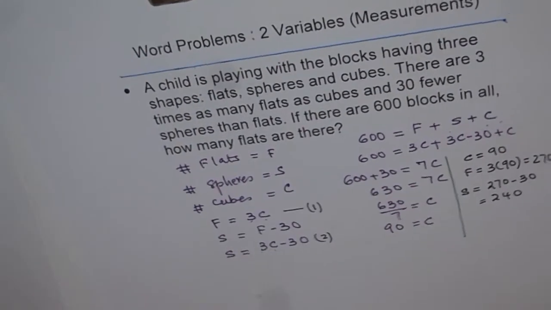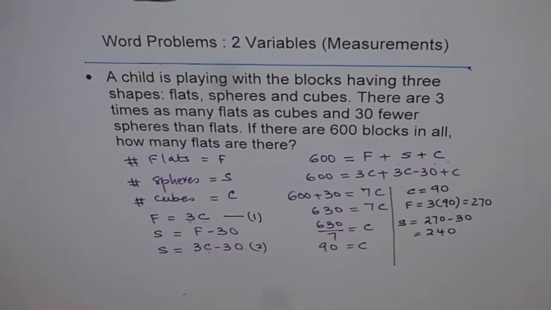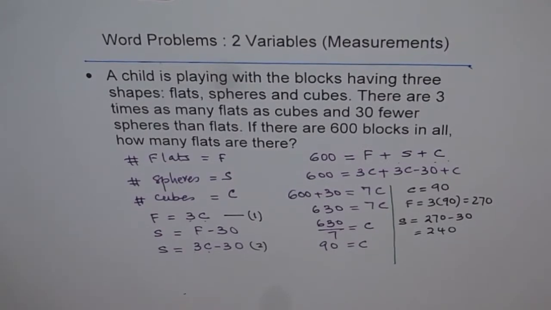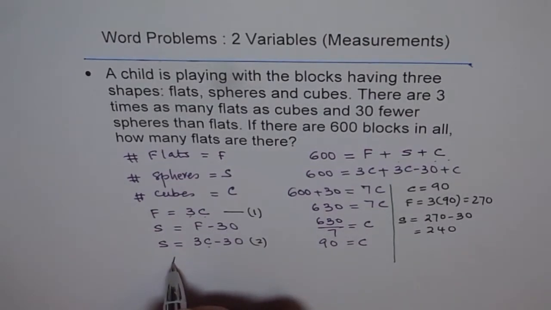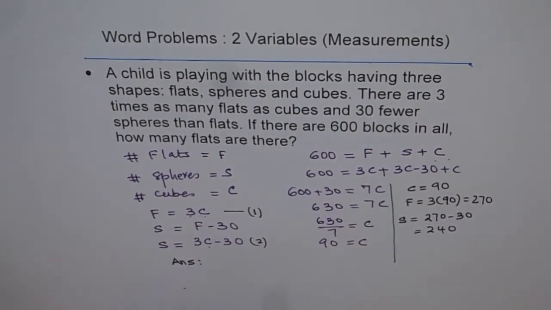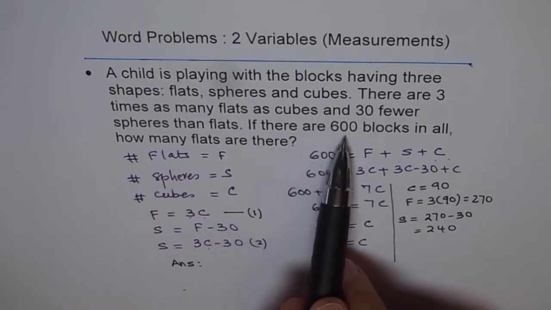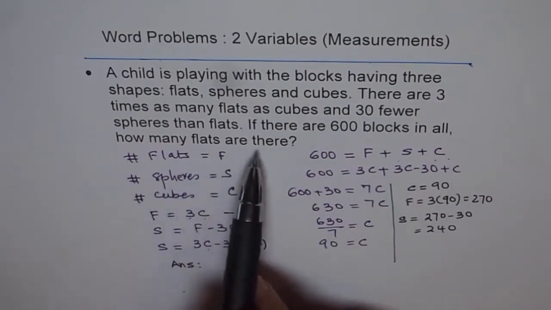Now we can write down our answer. If there are 600 blocks in all, how many flats are there?